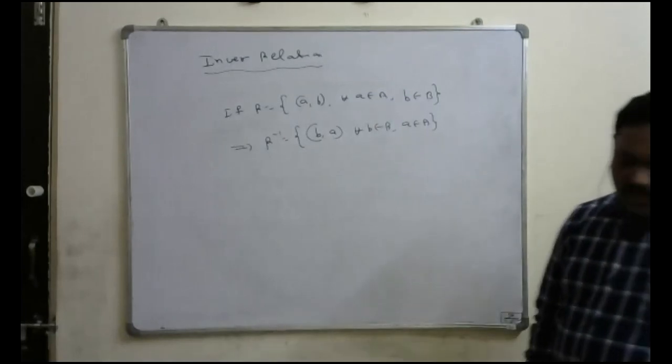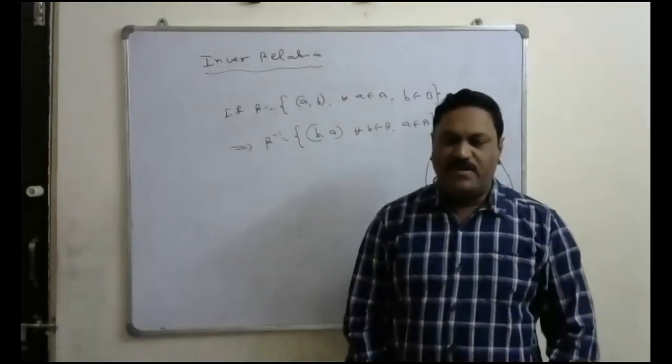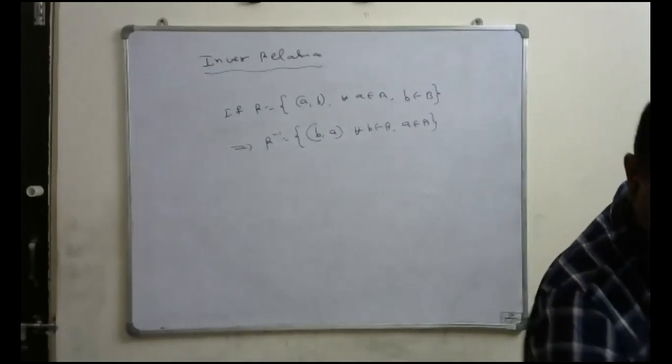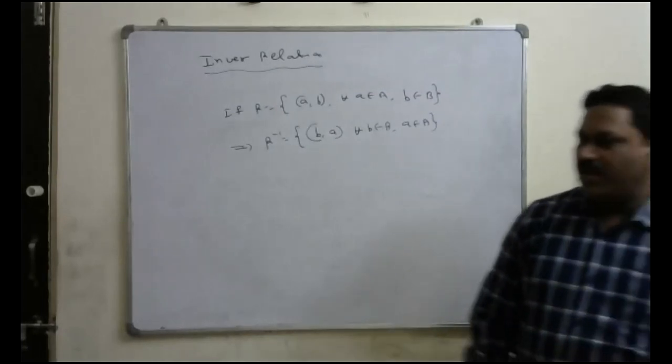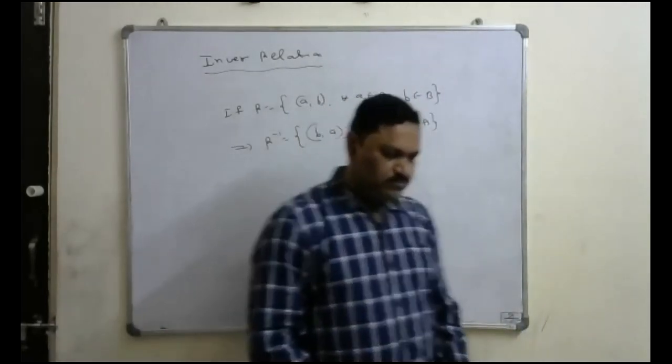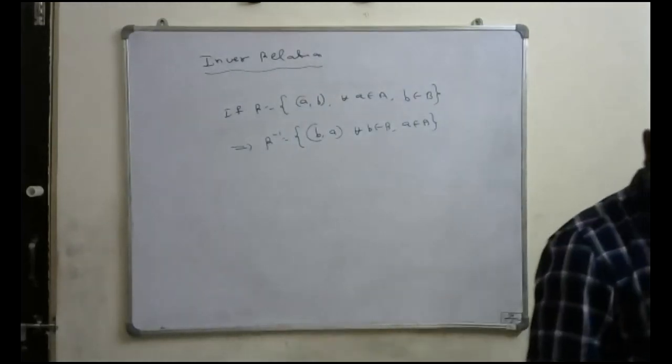Okay. Next, keep this subheading: domain and range of a relation.